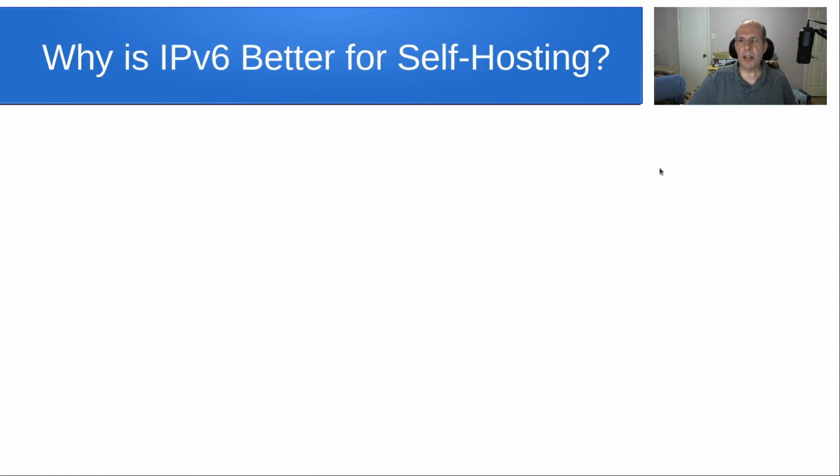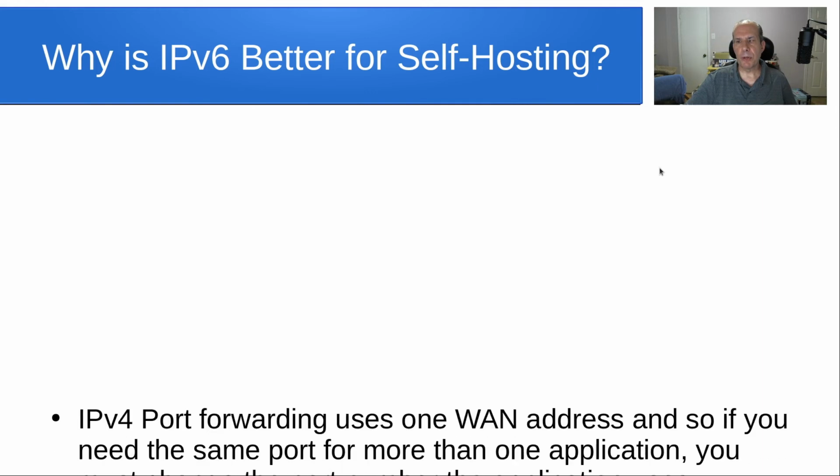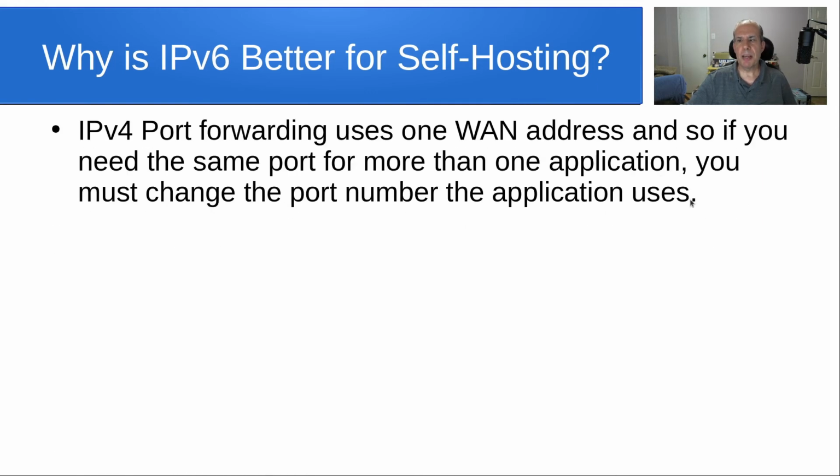Okay, why is IPv6 better for self-hosting? Well, IPv4 port forwarding uses one WAN address, so if you need the same port for more than one application, you must change the port number that the application uses, because that one port can only be forwarded to one system inside your network.